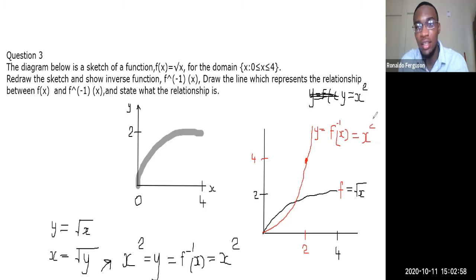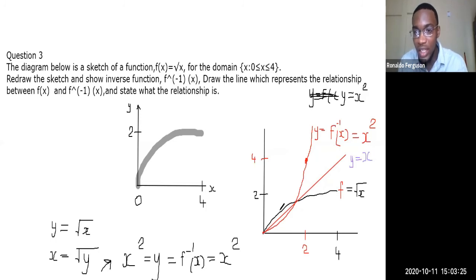Then finally, it says draw the line between f of x and f inverse of x. The line between them is y equal to x. So we draw this line right here. That's the line y equal to x.